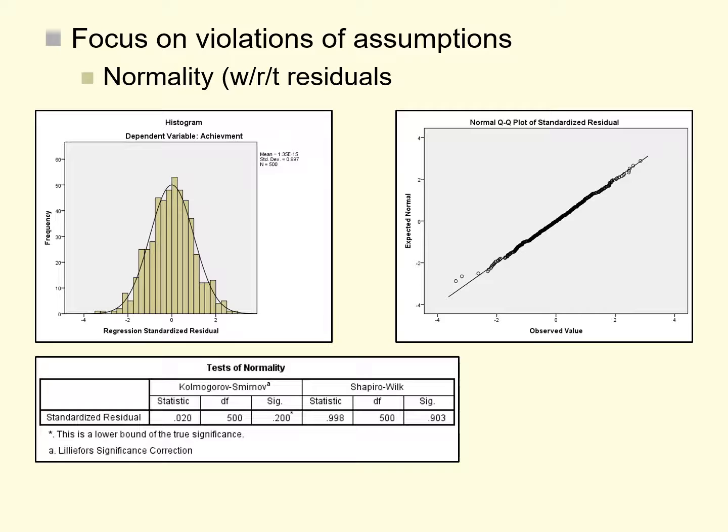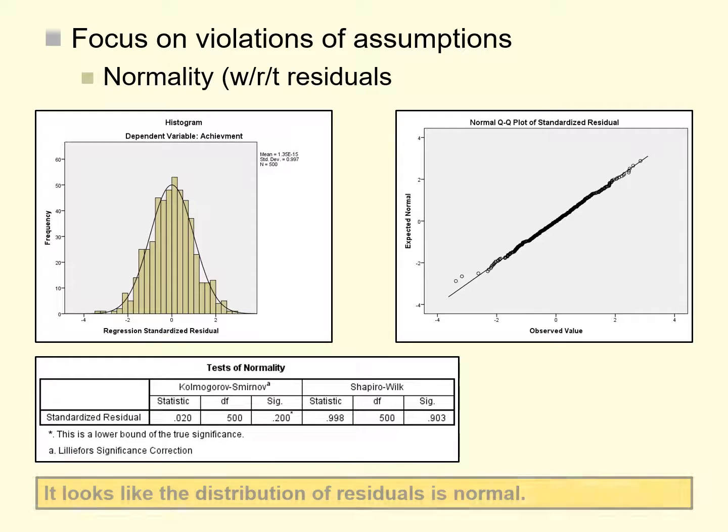I can also run two formal tests of normality, the Kolmogorov-Smirnov and the Shapiro-Wilks test. You can see that both of them are not significant, which suggests that the distribution for residuals is not significantly different from a normal distribution. So it looks like the distributions of residuals are normal.